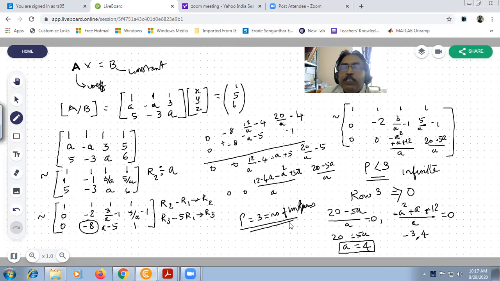For this system of equations, the unique solution will be, the first foremost thing is A not equal to 4. When you have A not equal to 4, it will give unique solution.